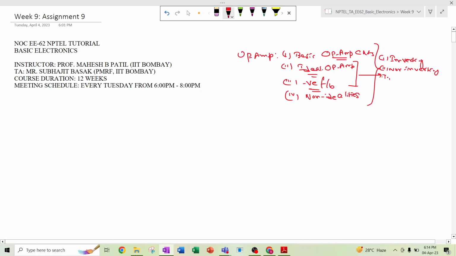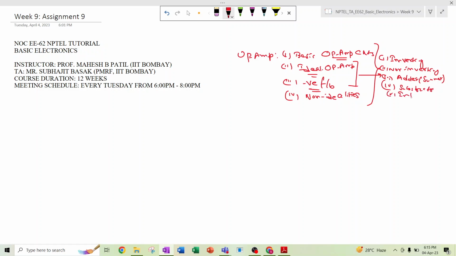Then we discussed the adder, which is basically the summer, and then the subtractor, and then the integrator. All of these are due to the negative feedback, and then we discussed the non-idealities.